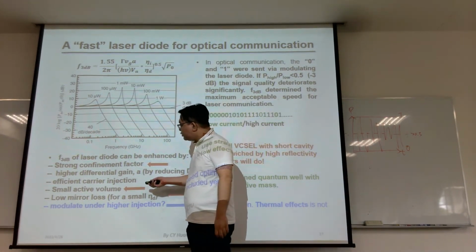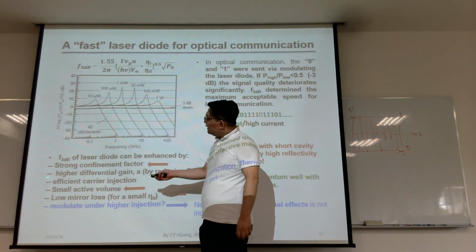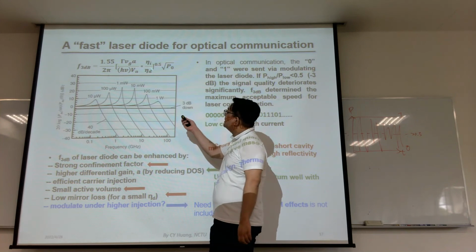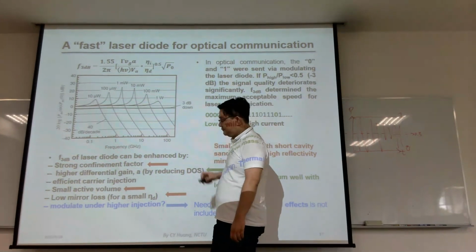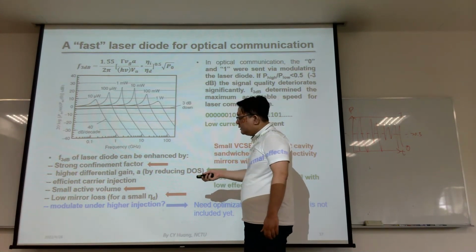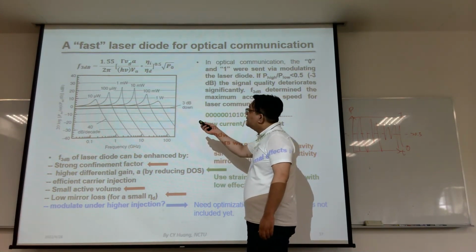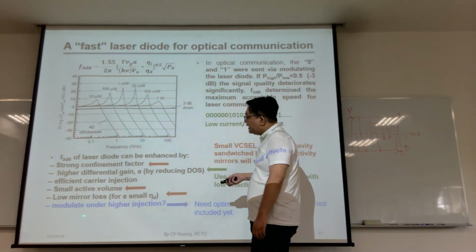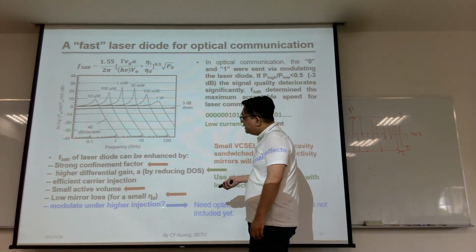We can also try to make the efficient carrier injection delta I higher, or reduce the active volume VA, or try a higher injection current.